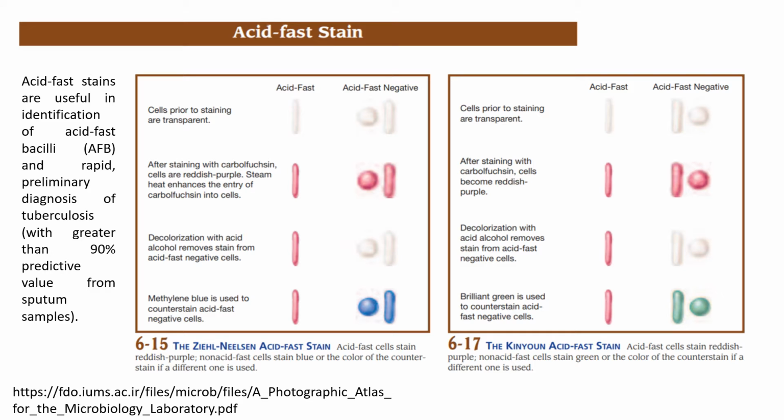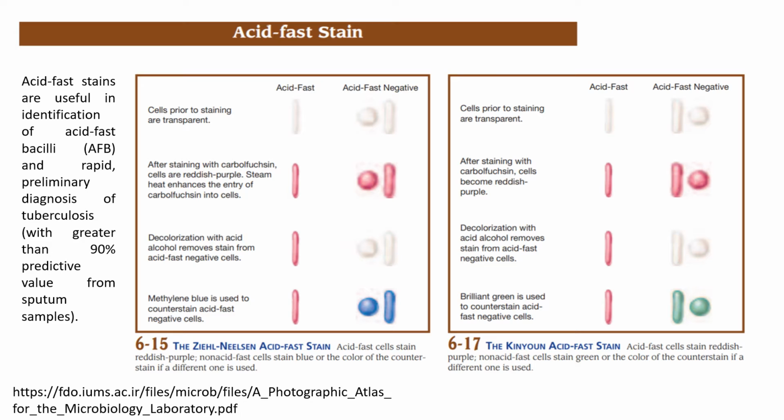Okay, but some bacteria, like Mycobacterium, it's very difficult to remove the primary stain because they have a high level of mycolic acid in their cell wall. So, this mycolic acid is not washed away by alcohol.